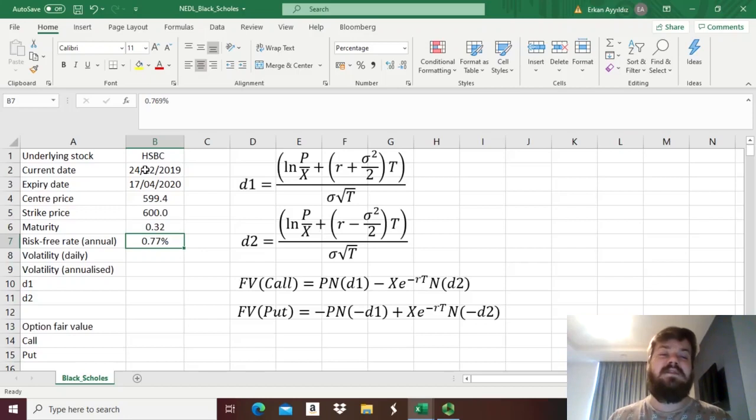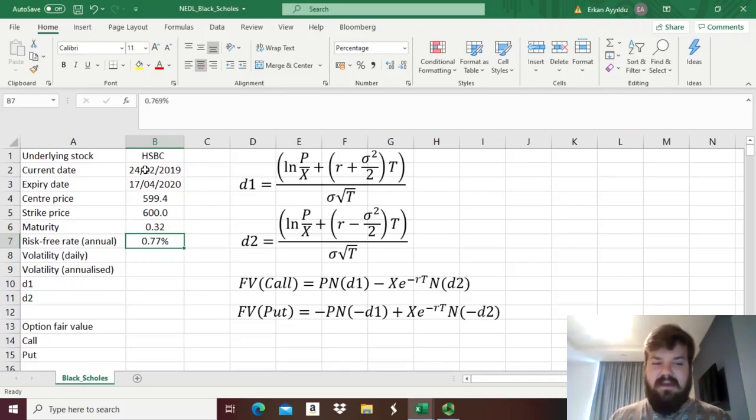Roughly, that is the yield to maturity of UK short-term government bonds at the current date, the 24th of December 2019. The risk-free rate is required for discounting and to accommodate for the fact that generally we expect all share prices on average to appreciate over time because of present value and time value of money considerations.